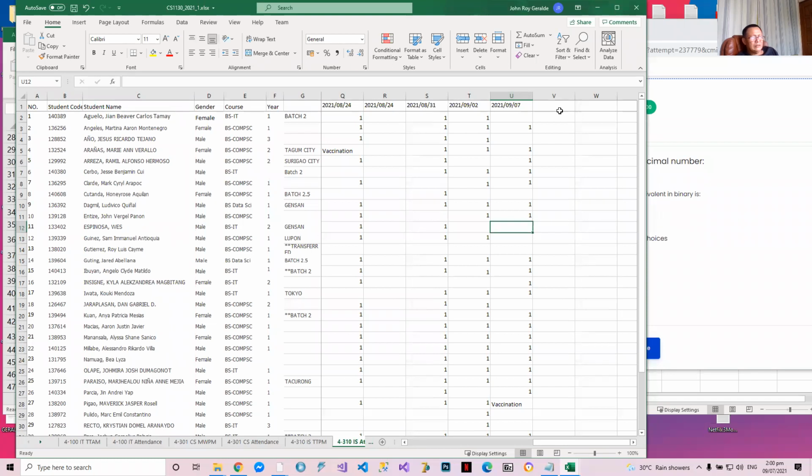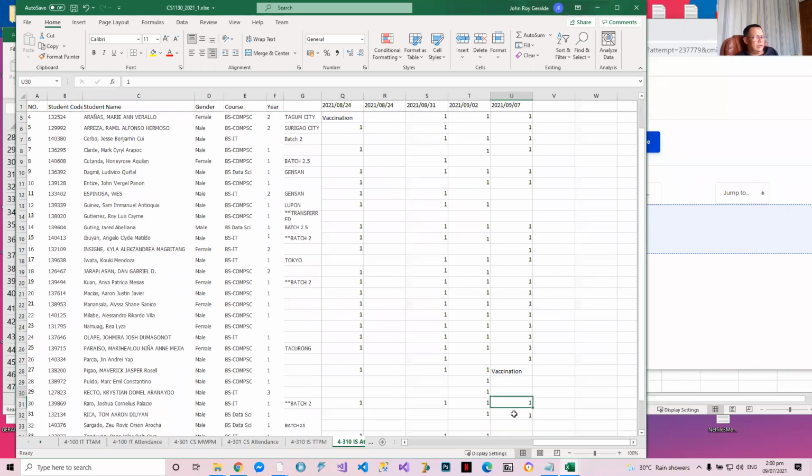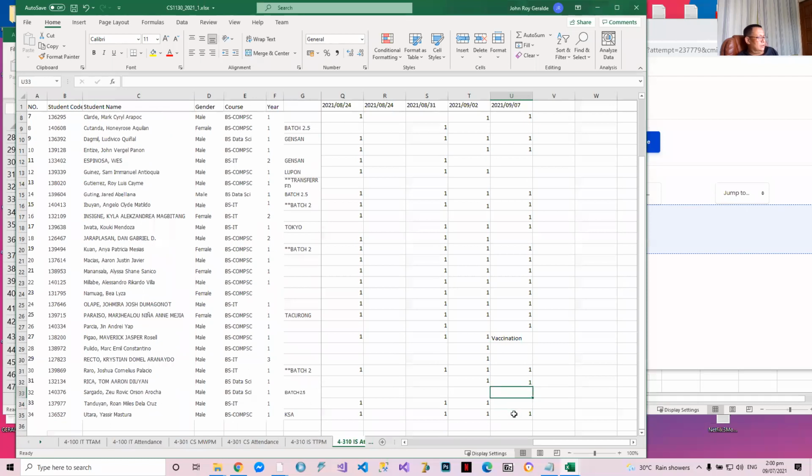Espinosa. Ginies. Haraplasan. Pulido is rare here. Recto. Salgado. Tanduyan. Okay. I'll check this again, no? Later.